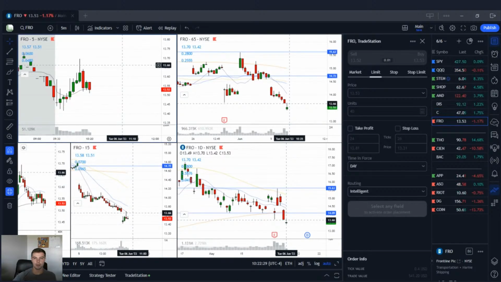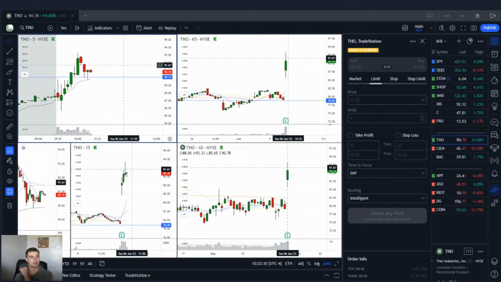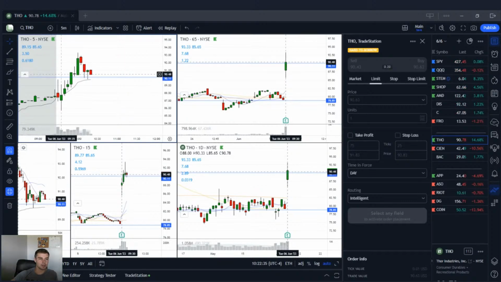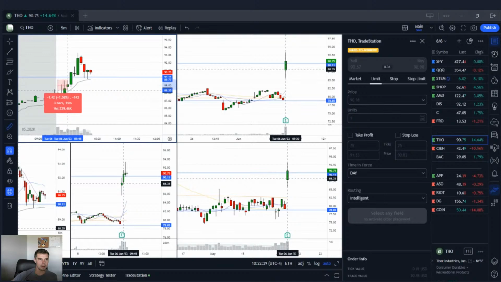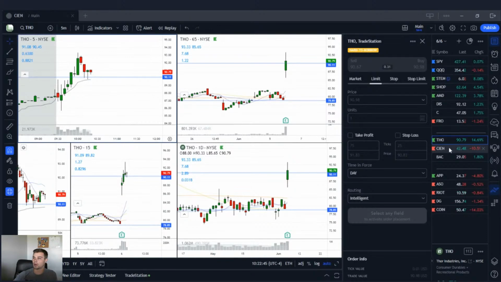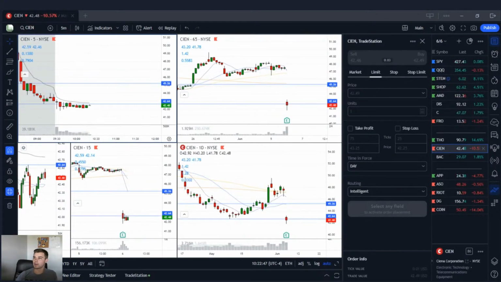FRO didn't have anything, really. THO definitely had something we could have traded there, man. 89.77, $1.40 on the stop. 350 is what it went to. Could have had that one. Could have had the Shop. That would have been 2R there.